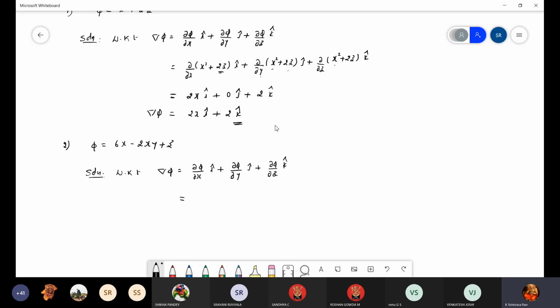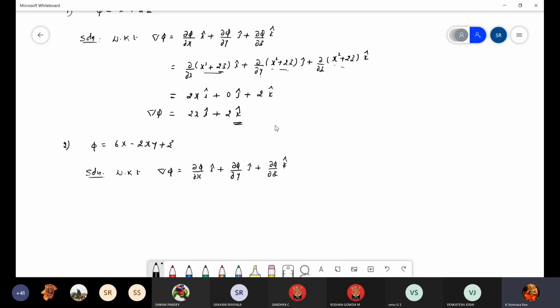Otherwise, you can differentiate directly also. If it is a lengthy expression, no need to substitute like in the previous problem, because in the exam you can write given phi is equal to, write the phi, and write the answer. I will solve it in that way also.